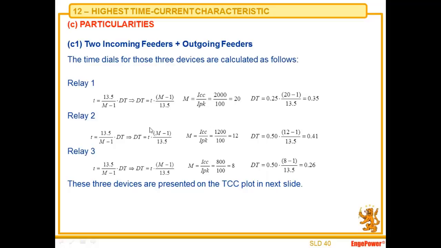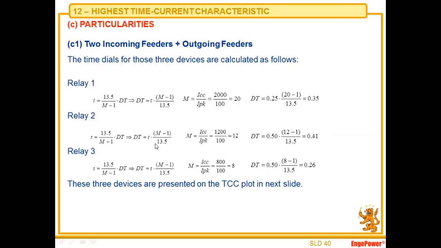Relay 2, I do the same. The short circuit current is 1200, divided by 100 is 12. To coordinate two digital relays, I add the coordination time interval of 250 milliseconds plus 250 milliseconds, 500 milliseconds. Multiply by 12 minus 1, divided by 13.5. 0.41 is the time dial.